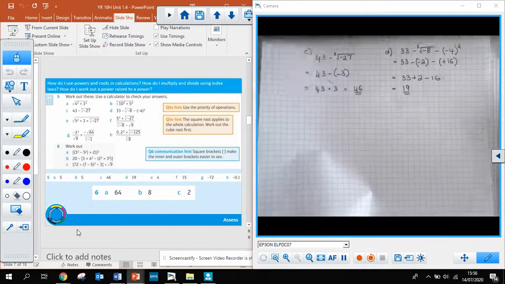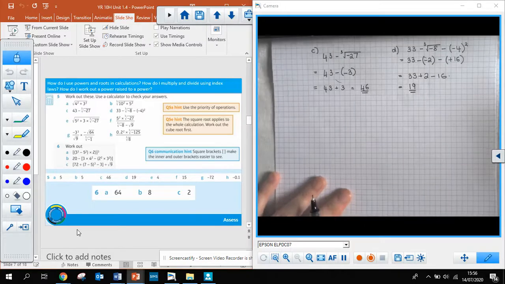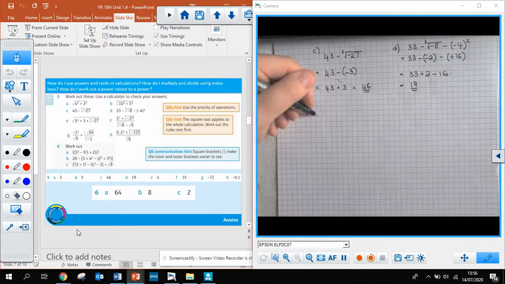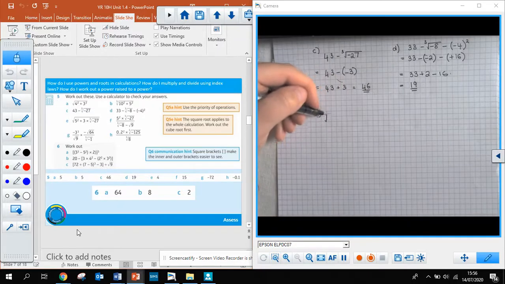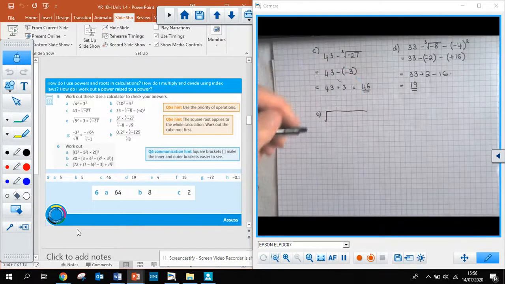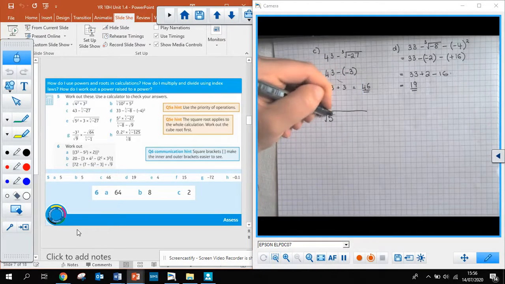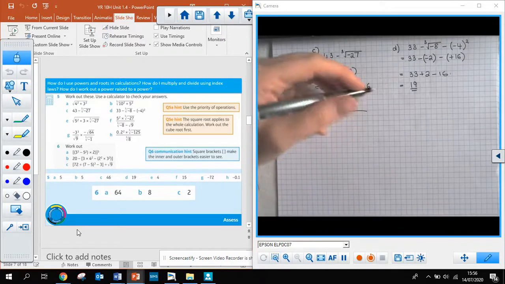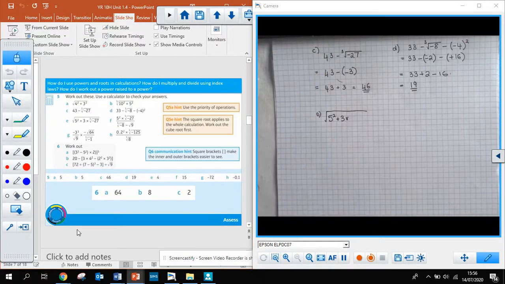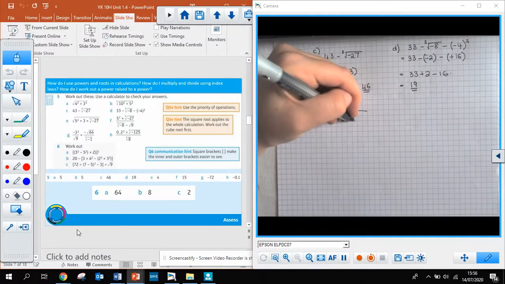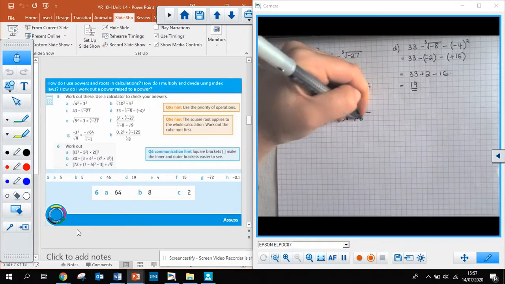Carrying on. Part E. We need to find the square root of 5 squared plus 3 multiplied by the cube root of negative 27.